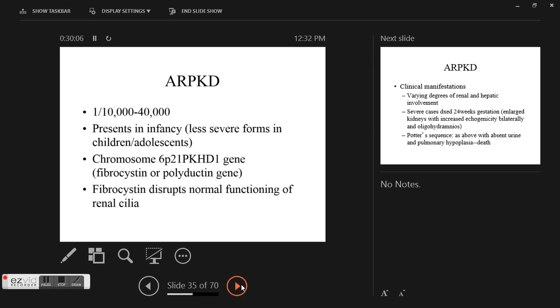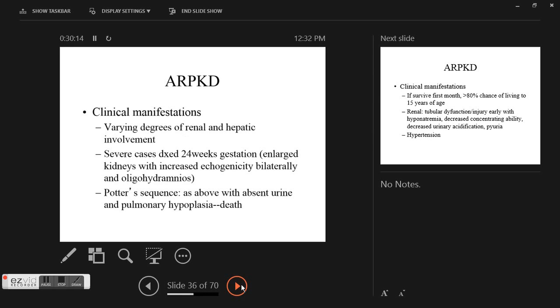The clinical manifestation, and this is the important part, is that you have renal and hepatic manifestations. Congenital hepatic fibrosis. Those are the buzzwords for ARPKD. You can have hepatic involvement in autosomal dominant polycystic kidney disease as well. That's going to be a little bit of a different variety because it's more hepatic cysts.